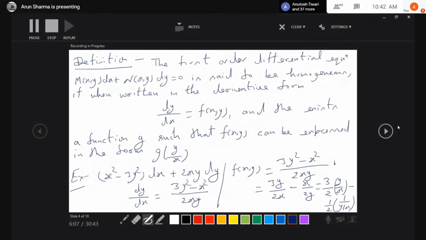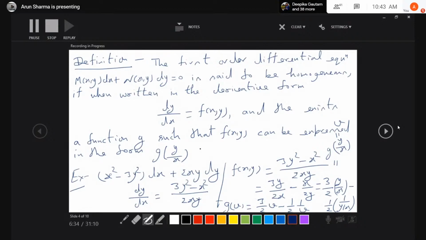Means if I say this is g of y upon x, then what is this function? If you replace this y upon x by v, then g of v is 3 by 2 v minus 1 upon 2 1 upon v. Okay.